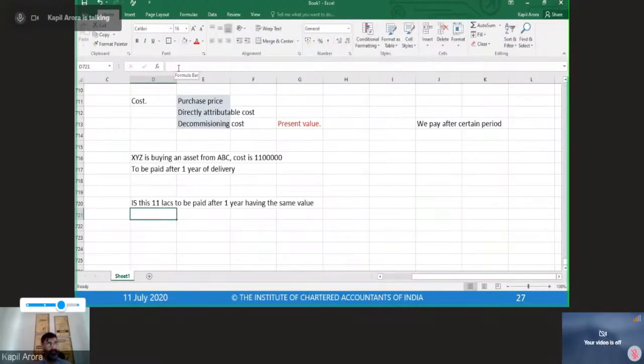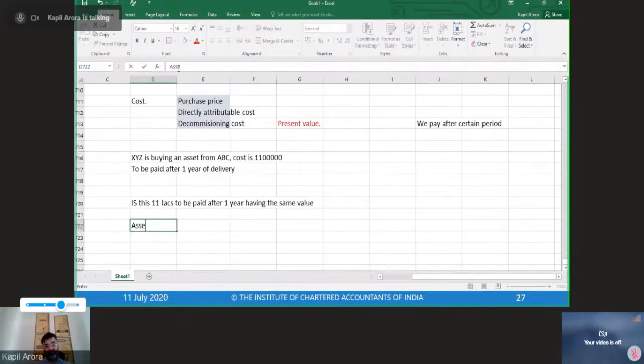Answer is no. There is a concept of time value of money. Whenever there is a difference between the delivery and the payment, and the difference is, let's assume, more than the normal generic borrowing period, your credit period, so extended borrowing we have got for 1 year. Now what will happen?